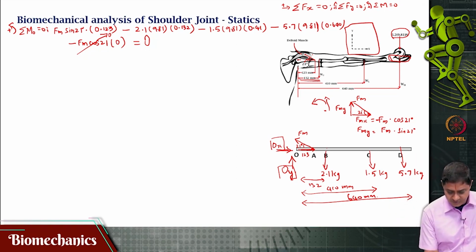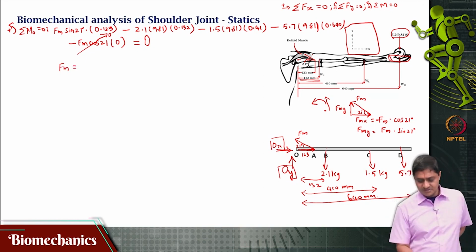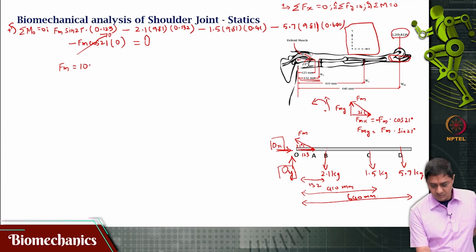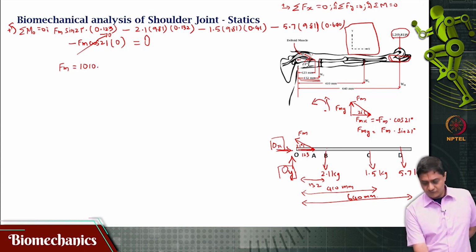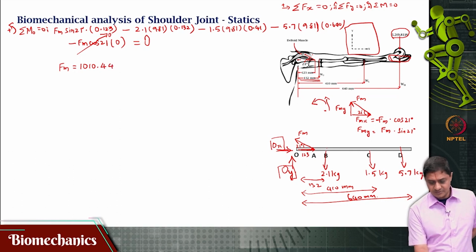If you get that, you will find after some simplification, Fm is actually 1010.44 newtons or 438 newtons.